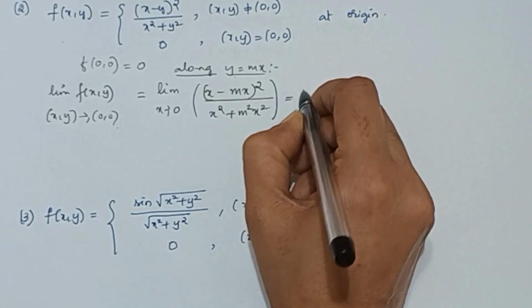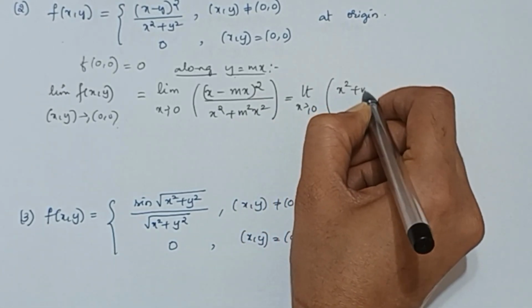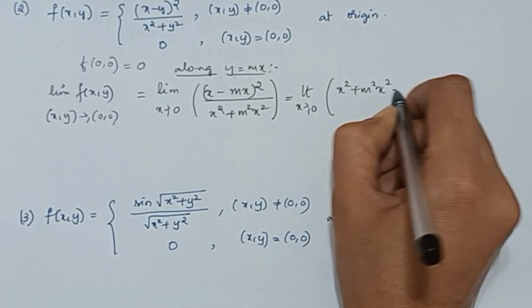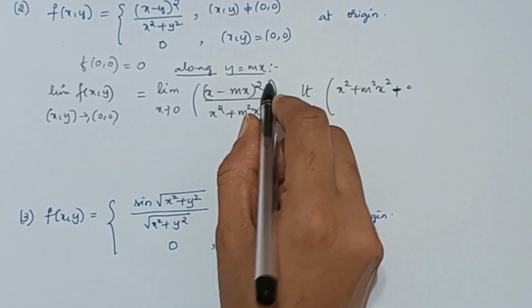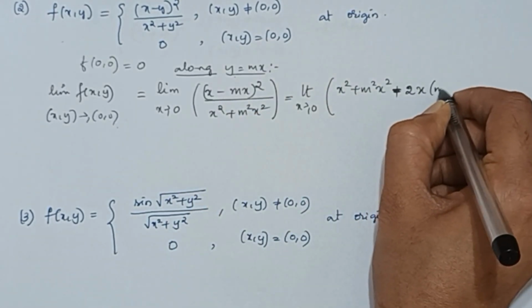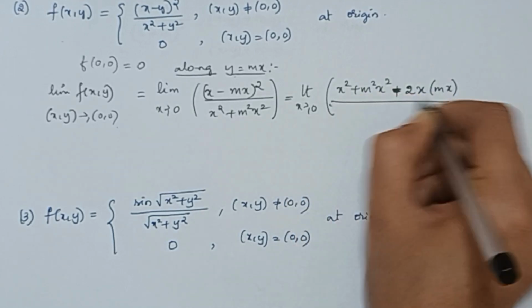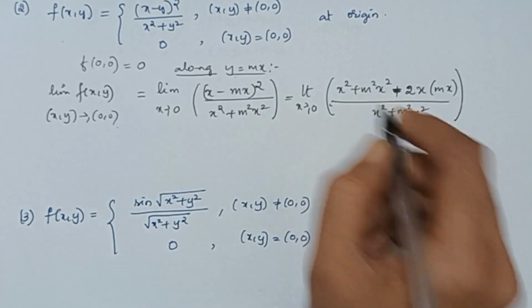So this is equal to limit as x tends to 0, x square plus m square x square minus 2 x into mx, because of the (a minus b) whole square formula, minus 2ab, divided by x square plus m square x square. We shall simplify this.